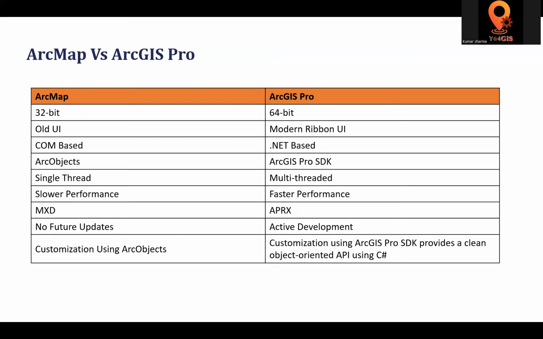So definitely we have to improve our software, we have to move towards ArcGIS Pro. Between 32-bit and 64-bit, you will get a huge difference in performance, a huge difference in processing.